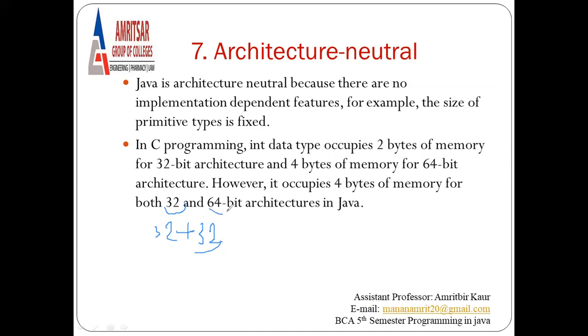But when we are working on 64-bit, it uses all the bits. So that's why we can move from one system to another, because when we compile our program on 32-bit, it uses 32 bits and the remaining 32 bits will be vacant. When we run our bytecode on 64-bit, at that time it uses all bits. So that's why it makes Java architecture neutral.